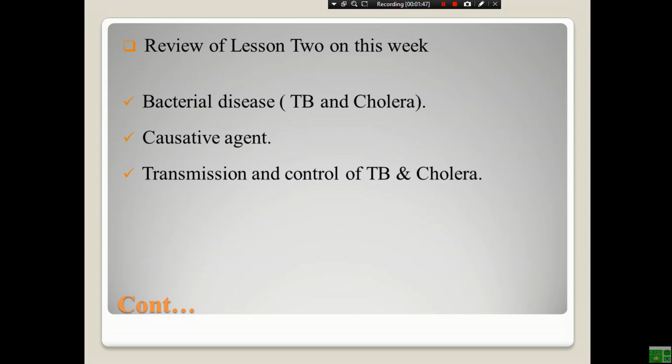Lastly, cholera is controlled by taking antibiotics, by uncontaminated water or food intake, avoiding eating uncooked foods, and using proper, clean sewage disposal. Those are the lessons we discussed in yesterday's class.